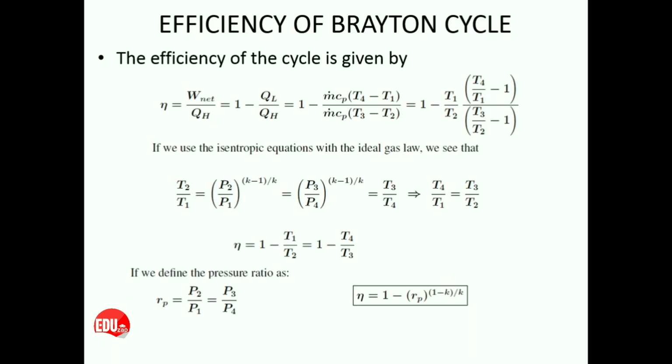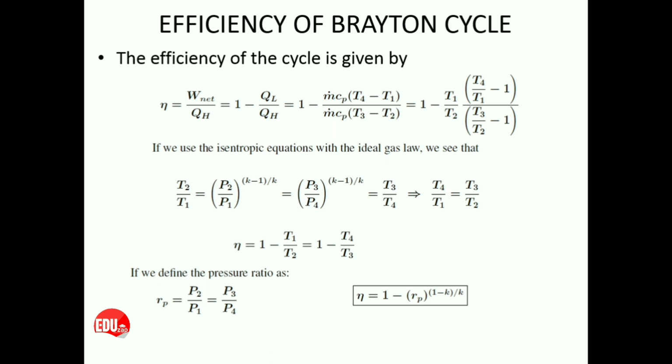Now coming to the efficiency of Brayton cycle or the ideal gas power cycle, the efficiency of the cycle is given by the equation efficiency eta is equal to work net divided by heat supplied. So the work net will be the difference between heat supplied and heat rejected. So we can write 1 minus QL by QH, and QL, that is heat rejected, will be equal to mCp into T4 minus T1, since the heat is rejected during the process 4 to 1.